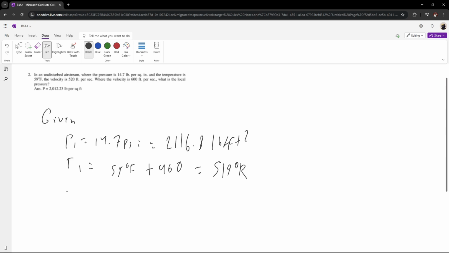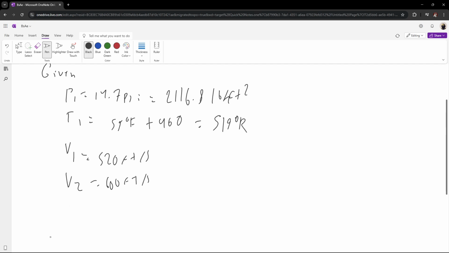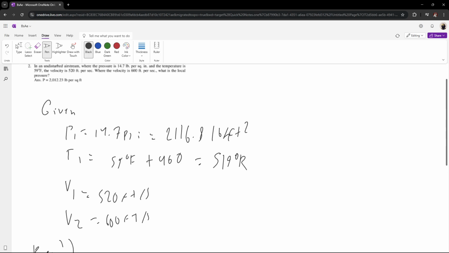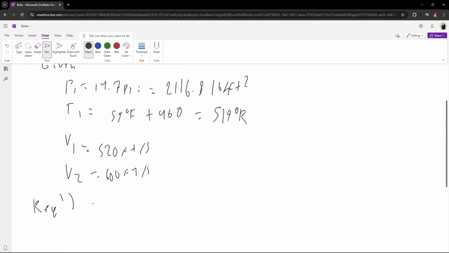What's the next given? We have velocity 1 of 520 feet per second, and velocity 2 of 600 feet per second. What's required? Required is pressure 2, P2.